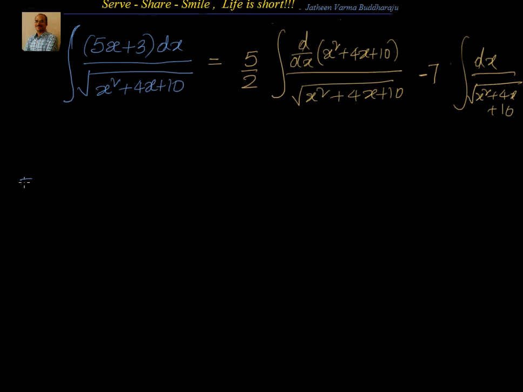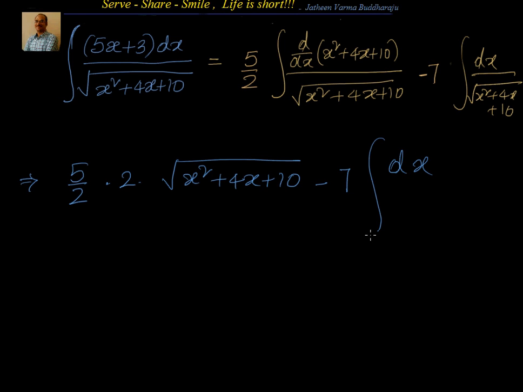So the next step will be 5 by 2. We know that integral of f dash x by root of f x is 2 root f x. So I can say 2 root x square plus 4x plus 10, and I will have minus 7 dx by root of x square plus 4x plus 10.